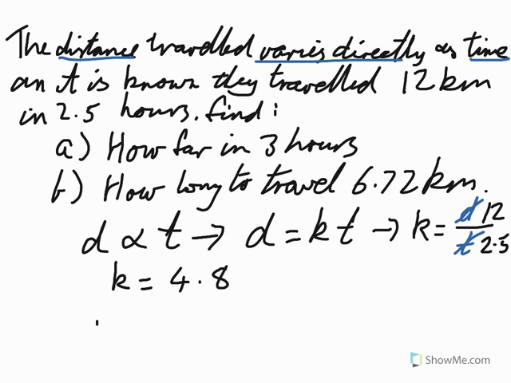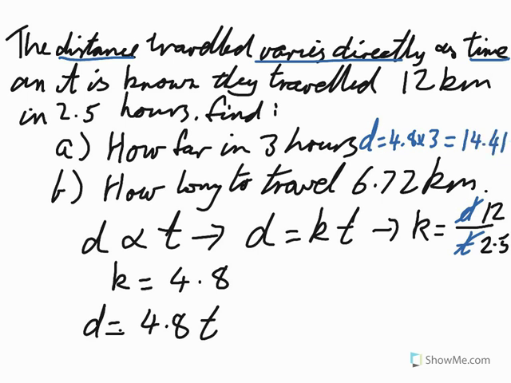So we know then that the distance equals 4.8 times the time. So the first one here, how far in 3 hours? That's 4.8 times 3, which when we put that in, we get 14.4 kilometres.